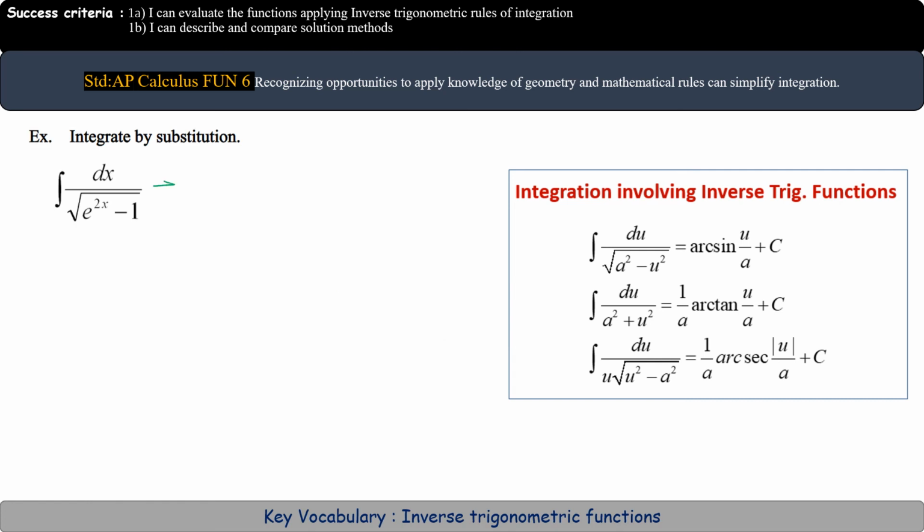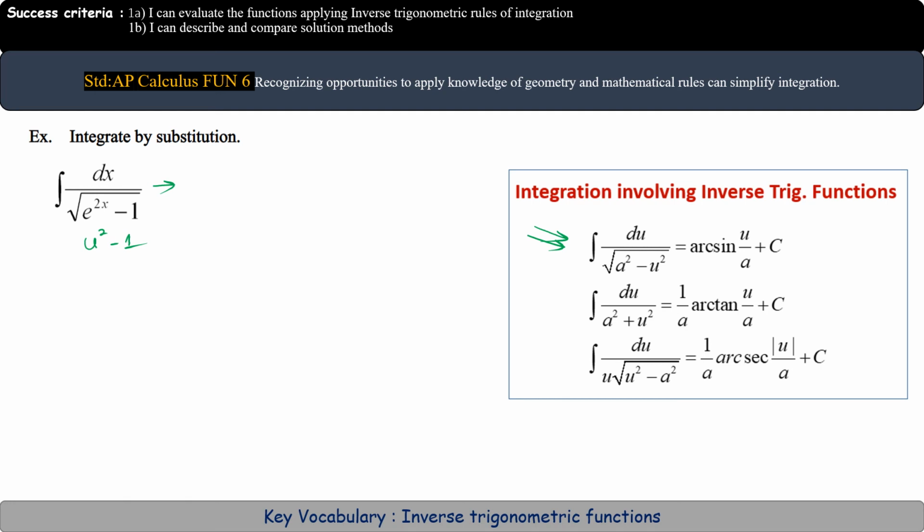Now have a look at this question. dx over radical of e to the power 2x minus 1 means something is written in the form of u square minus 1. But if we look in the first formula, it has to be written in the form of a square minus u square.